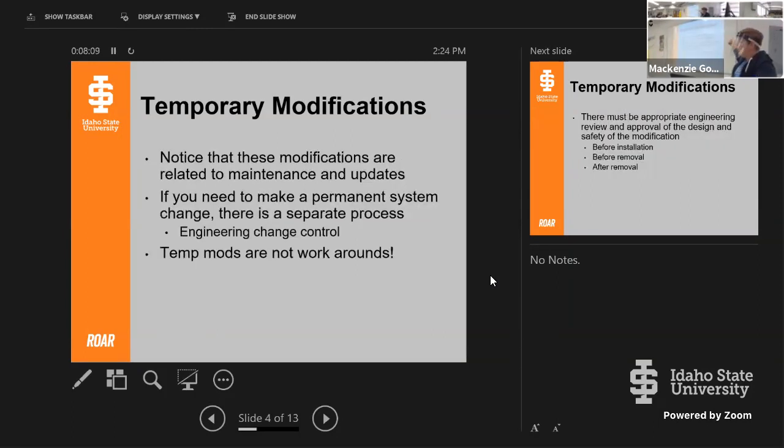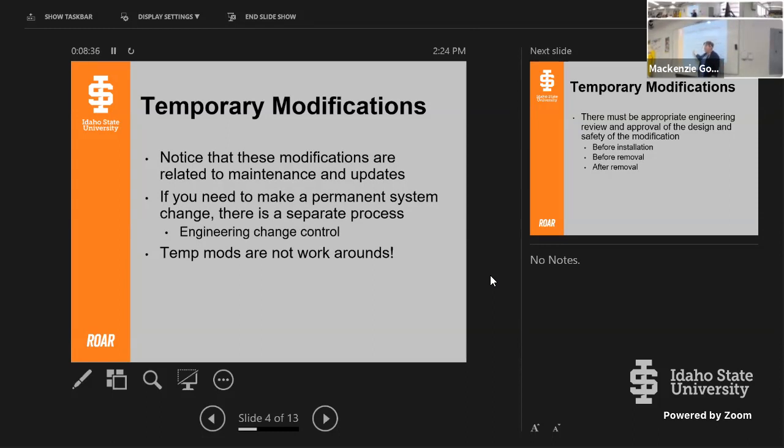Like we said, almost all of these are related to maintenance and updates, right? This is because if you need to make a permanent system change, which does happen, there's something called the engineering change control or engineering change request process. To change a system, especially one that might have a credited safety function, you have to involve engineering.